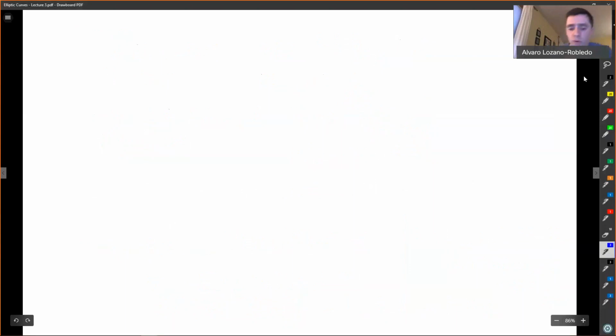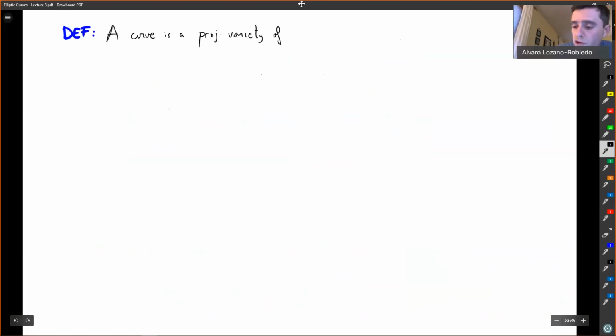So I'm going to write here a definition which says that a projective variety, or a curve, is by definition a projective variety of dimension 1. Okay, so we just had a couple of examples back there of projective varieties of dimension 1.